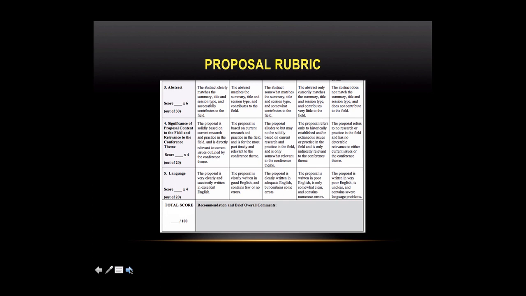Again, it's very important to read that theme that's in the call for proposals. And then finally, language is out of a total of 20 points. And you want your proposal to be very clear and succinctly written in excellent English. So the total score for proposals would be out of 100.